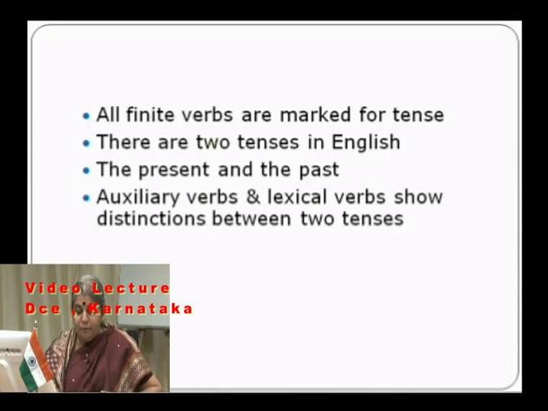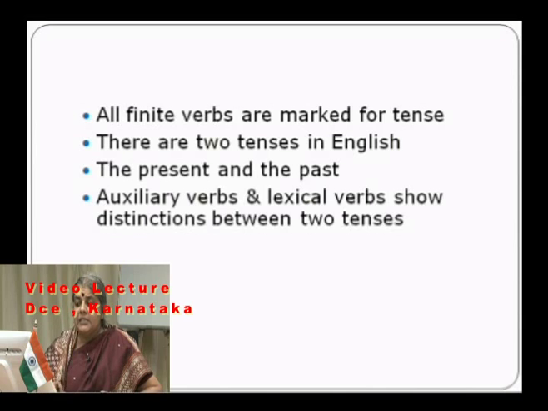The tense of a verb phrase is indicated by the first auxiliary if there is an auxiliary verb in the phrase, or by the lexical verb if there are no auxiliary verbs. Then it shall be indicated only by the auxiliary verbs. If there are no auxiliary verbs, then it shall be indicated by the lexical verbs.